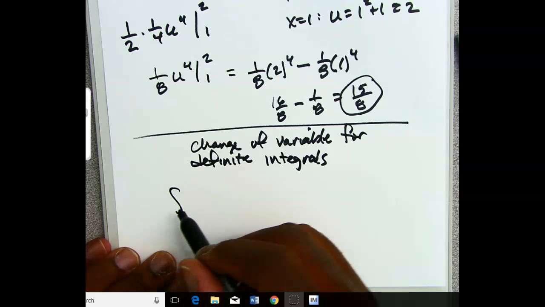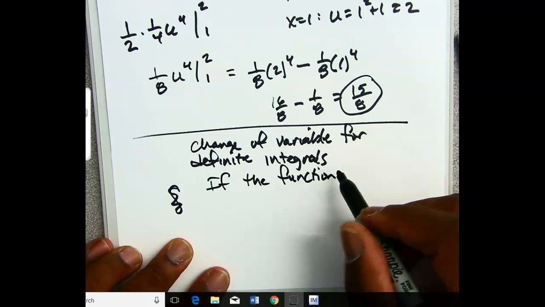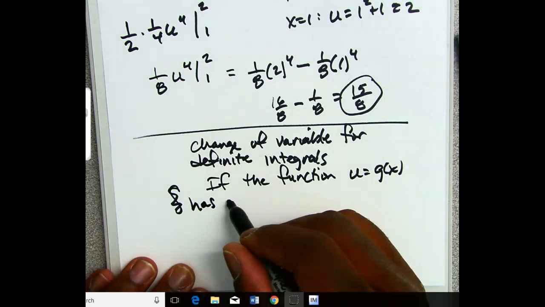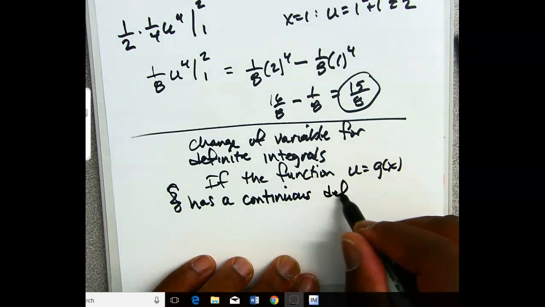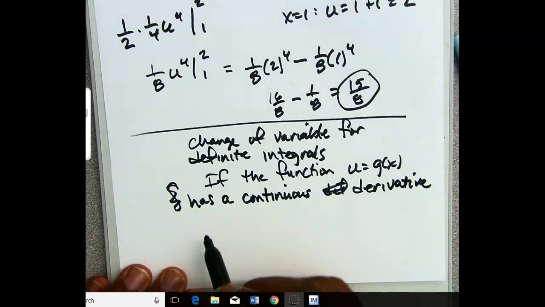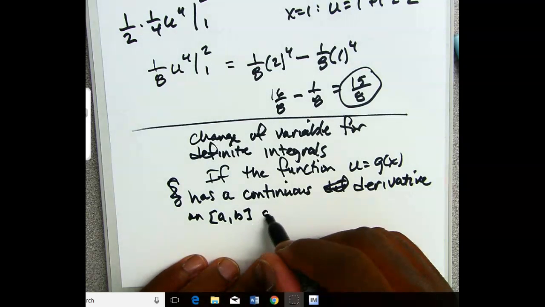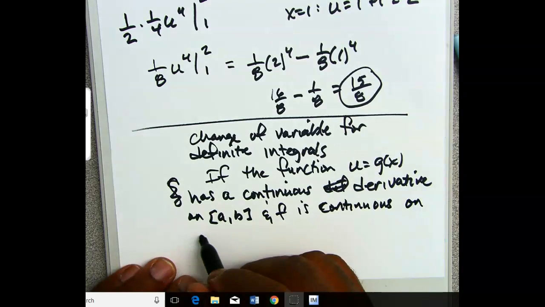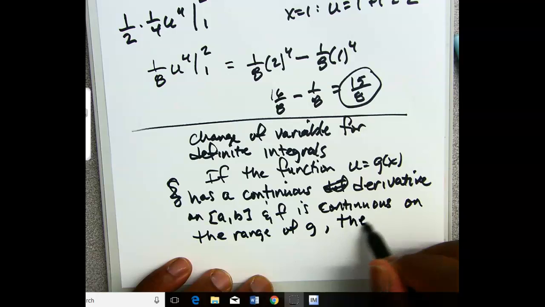If the function u equals g of x has a continuous derivative on the closed interval a to b, and f is continuous on the range of g, then the following is true.